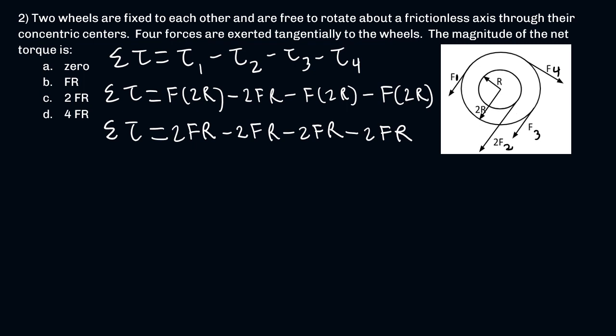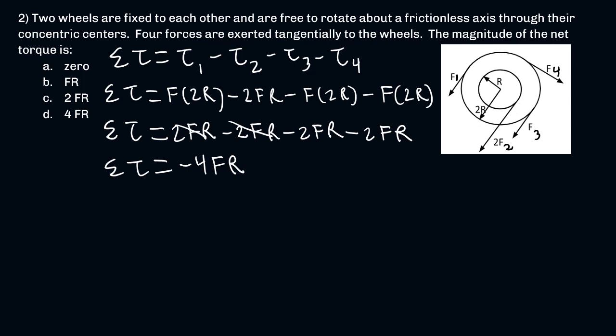So we see here the first two will just cancel each other out, so 2FR minus 2FR is 0. Then when we add the last two up here, we're going to have negative 2FR minus 2FR. That is going to give us a total net torque here of negative 4FR.